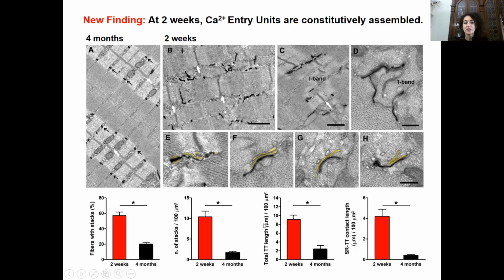We performed a quantitative analysis of the 2 different components of calcium entry units, so SR stacks and tubules, and all parameters are 3 to 4 times greater at 2 weeks compared to 4 months. This data indicates that calcium entry units are constitutively assembled in young fibers.